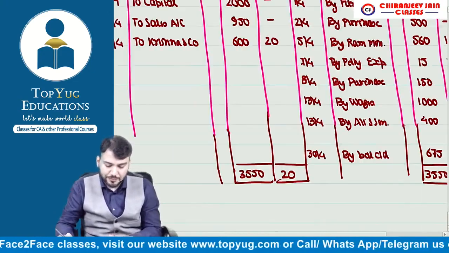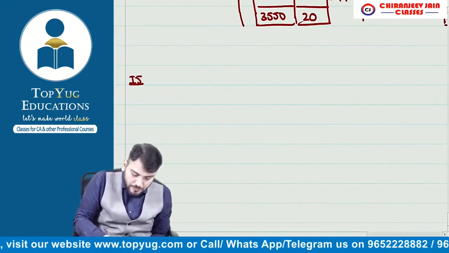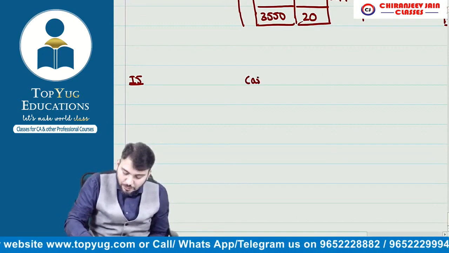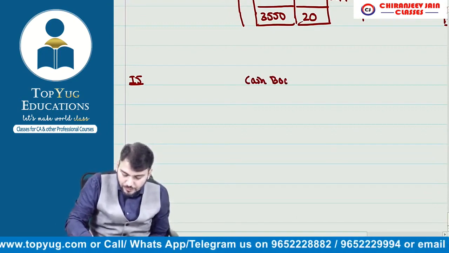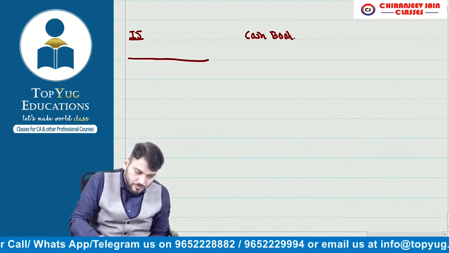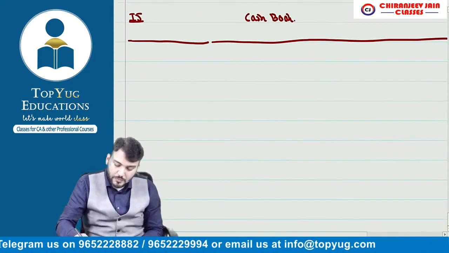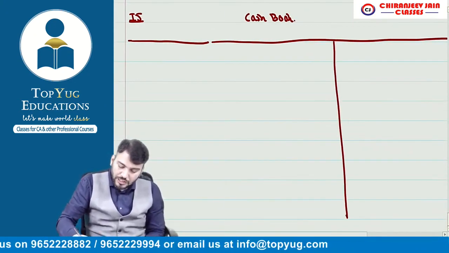चलो फॉर्मेट बनाते हैं. तो we are doing illustration number 5, cash book. तो 3 column now.